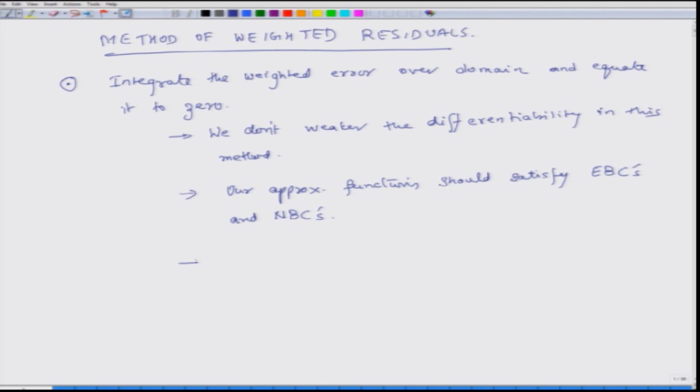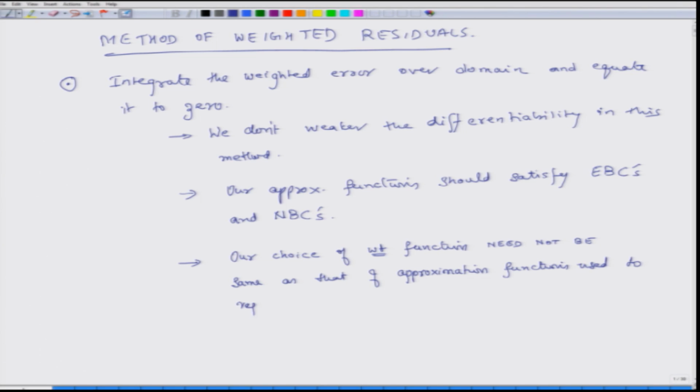The third thing is that our choice of weight function need not be same as that of the approximation functions used to represent u, which in this case is the dependent primary variable.